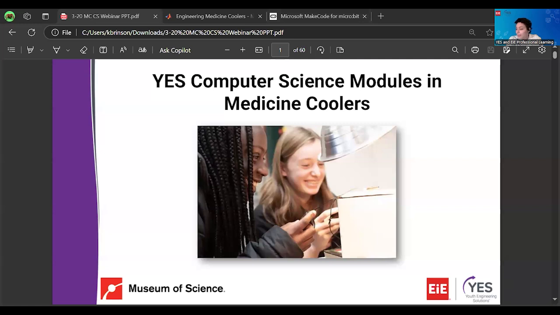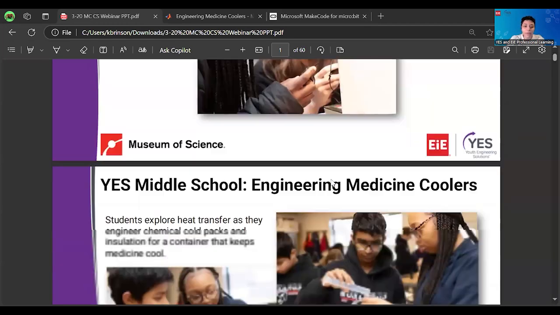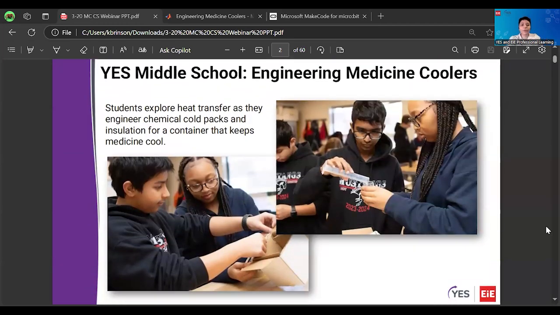All righty. So to kick us off here, I want to chat about our medicine coolers unit. Our engineering medicine coolers unit is a middle school unit, and it guides students through the engineering design process to create a medicine cooler that can keep medicine safe from high temperatures. They explore thermal energy transfer by testing insulation materials.